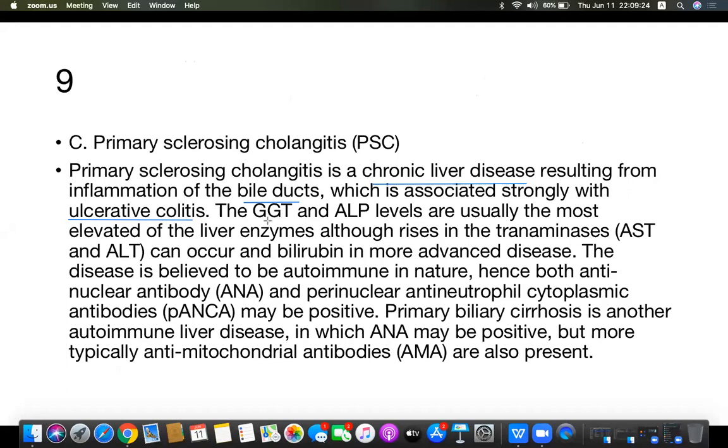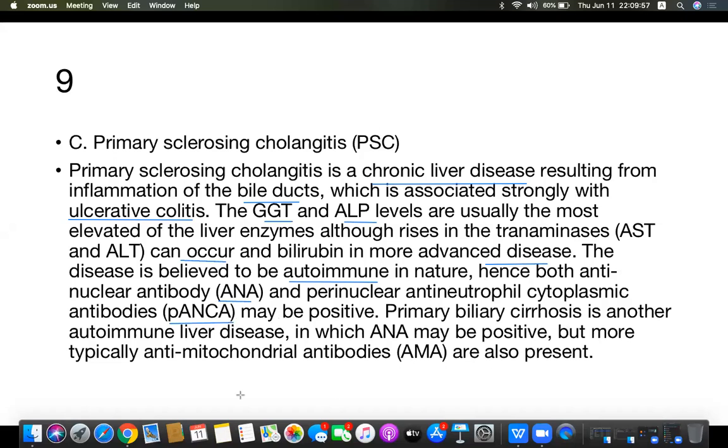The gamma glutamyl transpeptidase, GGT, and alkaline phosphatase levels are usually the most elevated of the liver enzymes, although rises in AST and ALT can also occur, and bilirubin in more advanced disease. Everything is here. The disease is believed to be autoimmune in nature, hence both antinuclear antibody, that is ANA, and PNK may be positive.